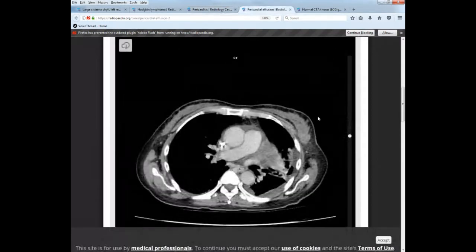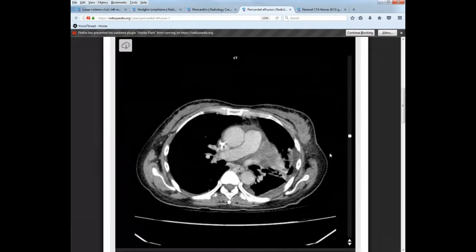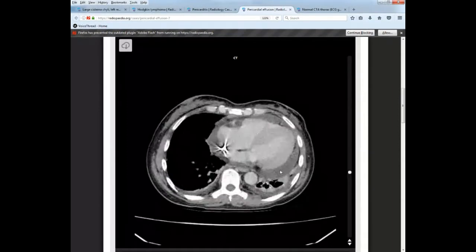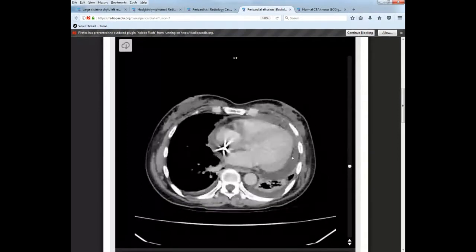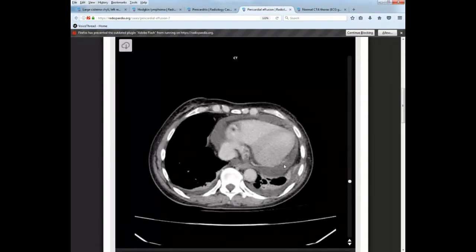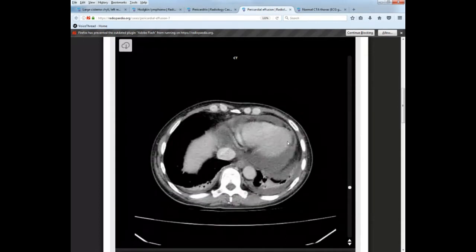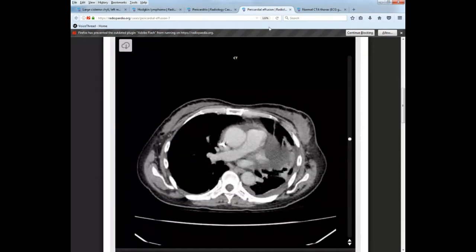And then this patient has a pericardial effusion, so they actually have an increased amount of fluid in that pericardial space. Okay, so just wanted to point that out so you can see, and the important thing to see here is that your visceral pericardium lies in direct contact with the outermost layer of the heart, which is the epicardium.